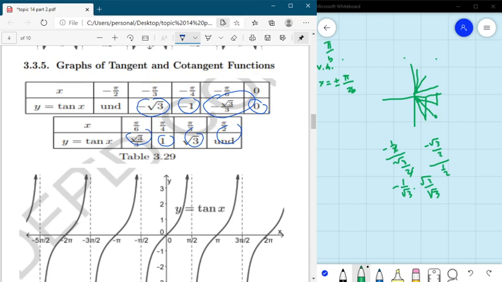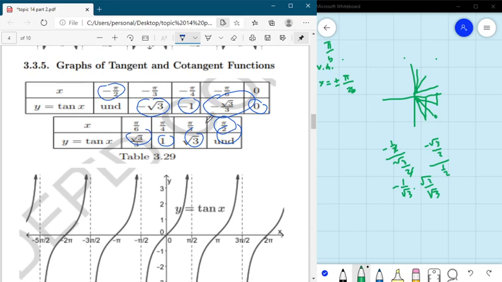So, pi over 2 is what we used for the first asymptote, because that is our b. When we say y equals tangent x, our b is 1. So, pi over 2 times 1 is pi over 2. That is why we have negative pi over 2 and positive pi over 2.